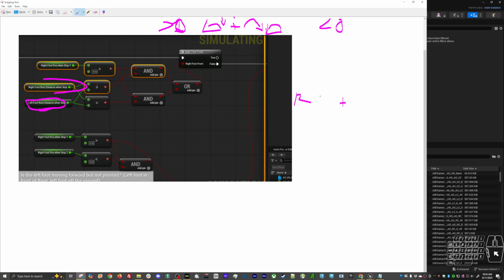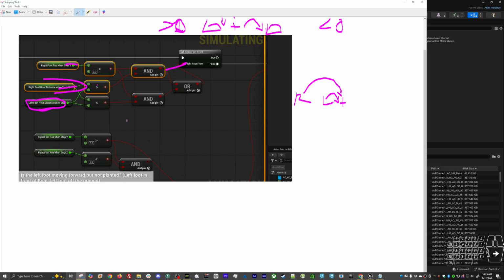And we're also saying that the right foot, say the left foot is here. So the left foot is closer to the root here, and the right foot is further away from the root here. So that distance is greater. So if you're behind the root and you're of greater distance away from the root than the left foot, then this will be true.